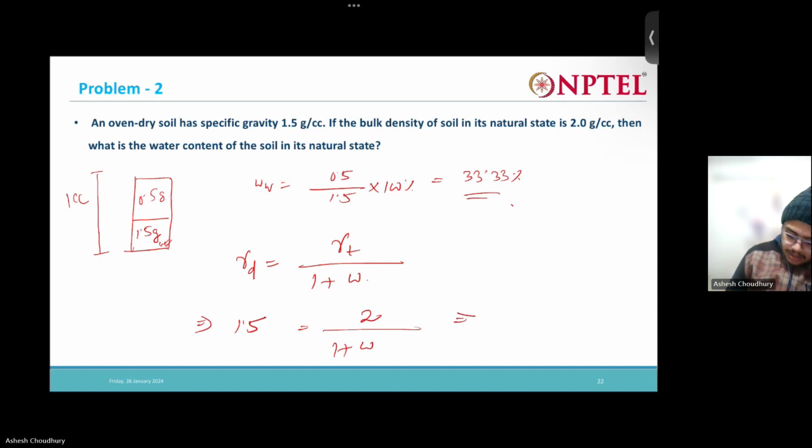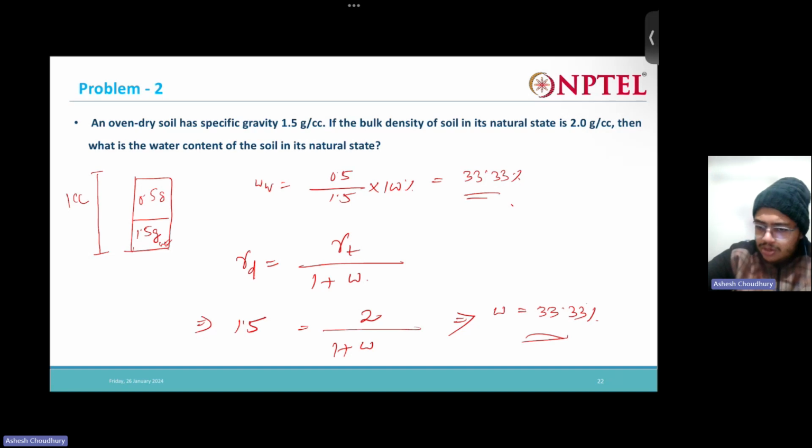From here, water content is 2 by 1.5 minus 1, sorry, 1 by 3. 33.33%. So we can do it this way. Using the relation also, or by basic concept, you can do this.